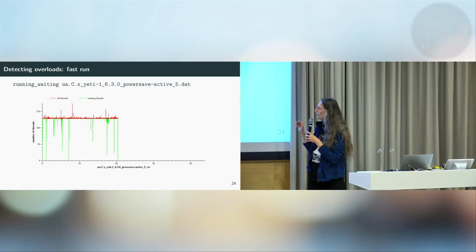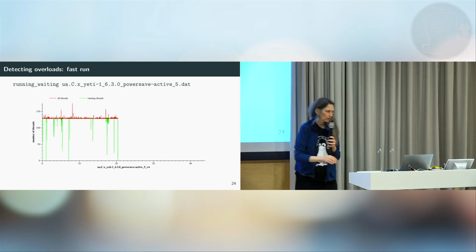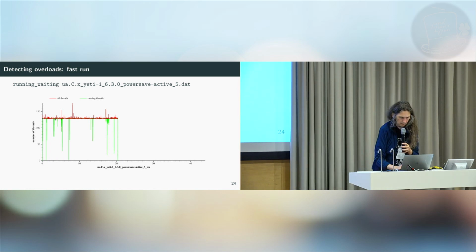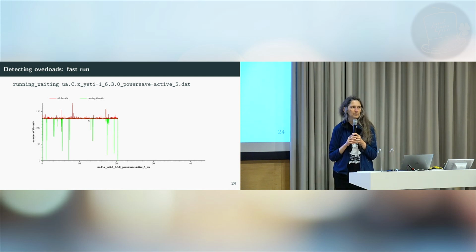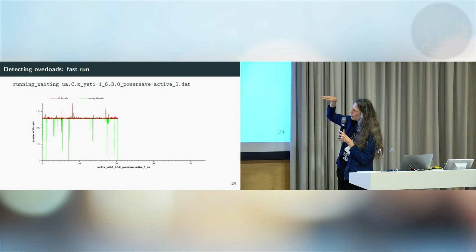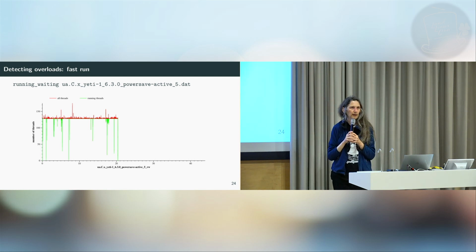We have a black dotted horizontal line, which is how many cores there are on the machine. So there are 128 cores. Obviously, the green line will never go above 128 because we can't run more than 128 things at the same time. And then above, we have some little red lines, which indicate how many overloaded things there are.